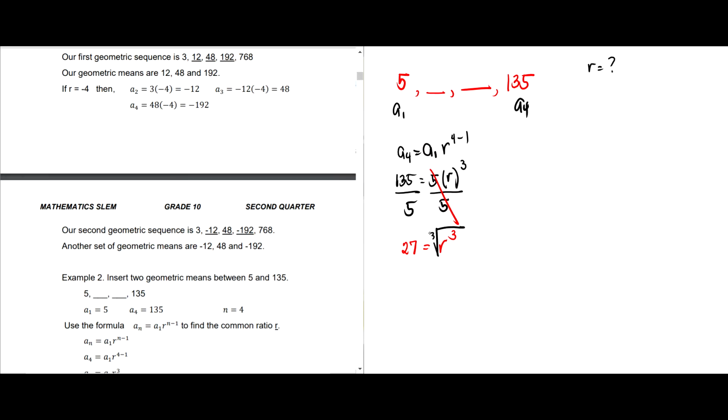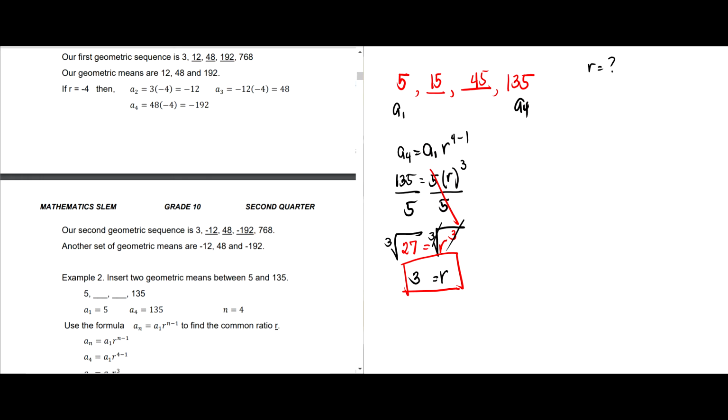So, we get the cube root of r cubed and the cube root of 27. The cube root of 27 is 3, because 3 times 3 is 9, times 3 is 27. So, our r is 3. If your common ratio is 3, you just multiply 5 times 3, the answer is 15. 15 times 3, that's 45. And then 45 times 3, the answer is 135.